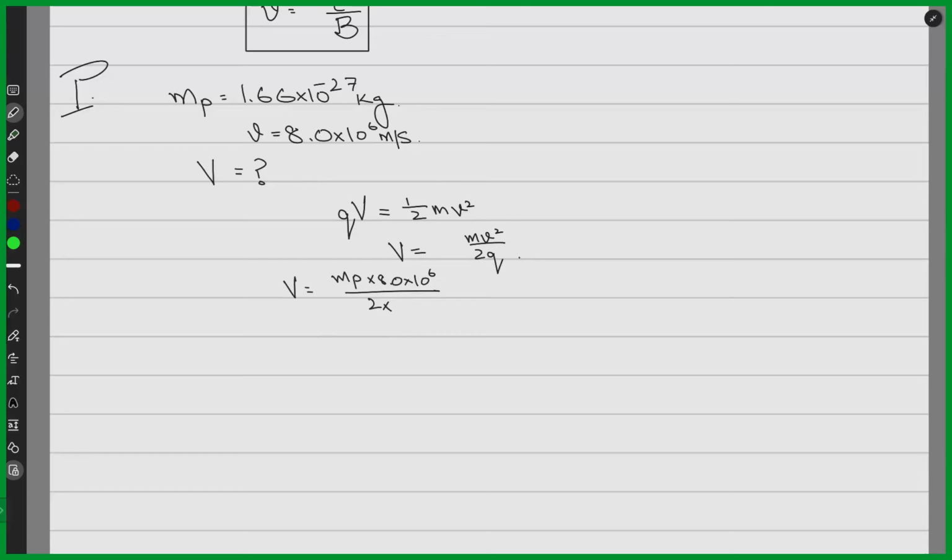I think it's 1.6. It is the elementary charge, right? 1.6 into 10 raised to power minus 19 coulombs. So this gives you a potential difference of 3.3 into 10 raised to power 5 volts. Is that clear? Yes.